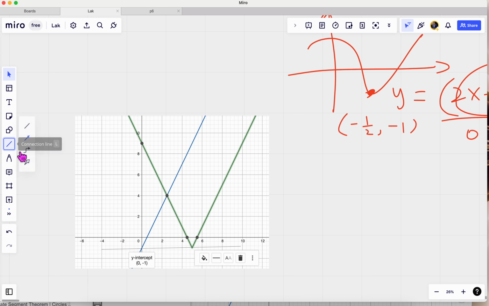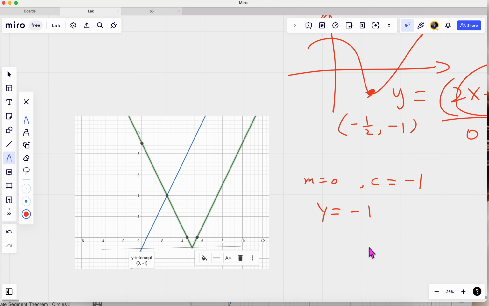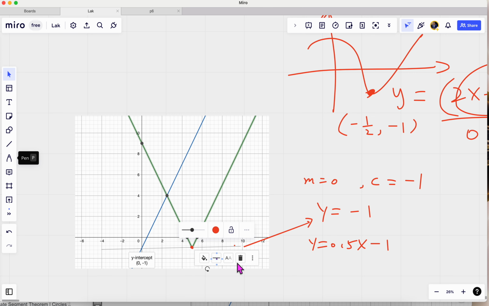If my gradient is 0, it's negative 1, so you sketch it out, it's going to be y equals negative 1, and you're going to have only one solution. But beyond that, maybe you try 0.5. So your line starts to go like this, I'm just showing you the trend.